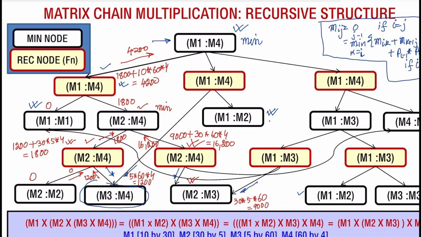4200 will come. Then it will go into this recursion, and it will compute M12, and the M12 value will become a direct computation of 10 into 30 into 5, which is 1500, and M34 we have already computed as 1200.